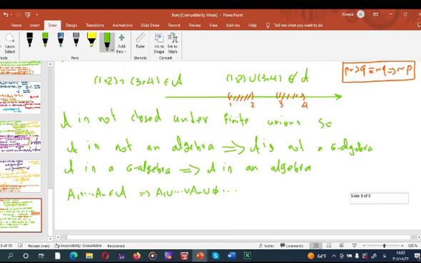You can consider A n plus 1 up to the n equal to the empty set, and this must belong to A. If A is a sigma algebra, it must be closed under countable union, so this must belong to A. This equals this finite union. Okay.